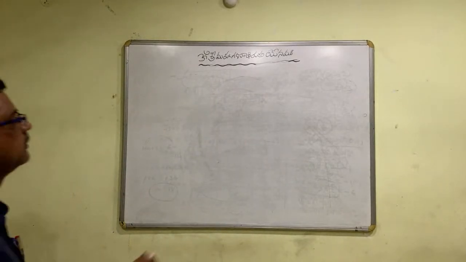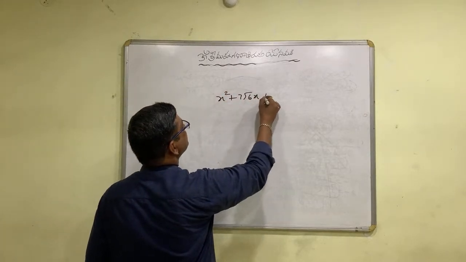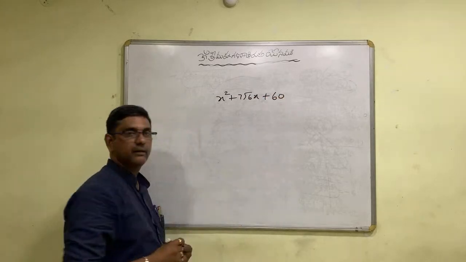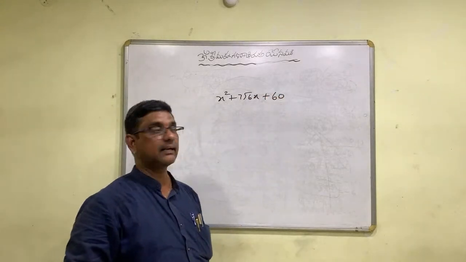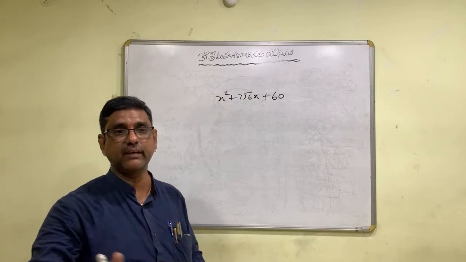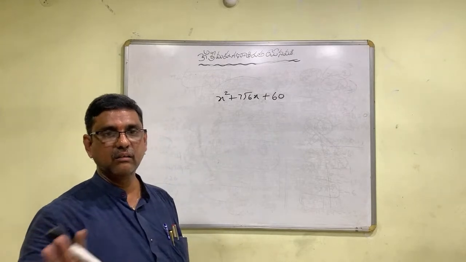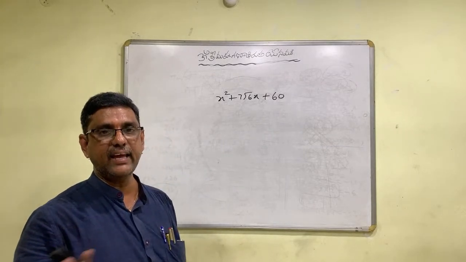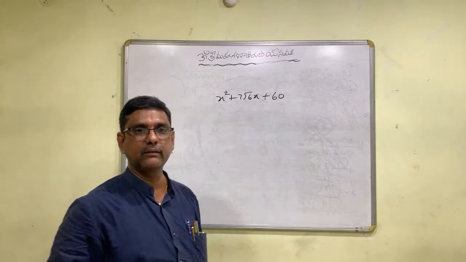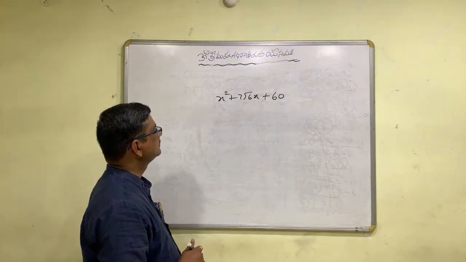X square plus 7 root 6x plus 60. This same type of example I took, because if anyone needs any clarity, I am doing one more example so that you can understand it better. Right?